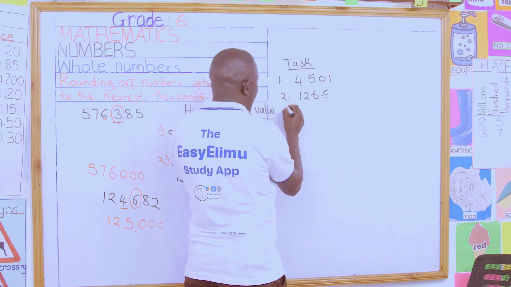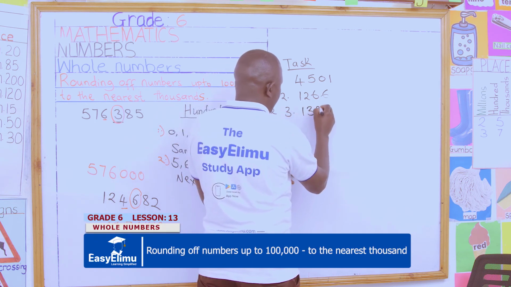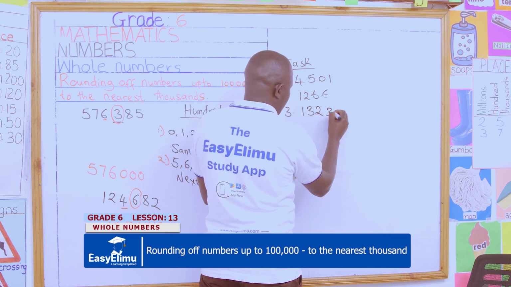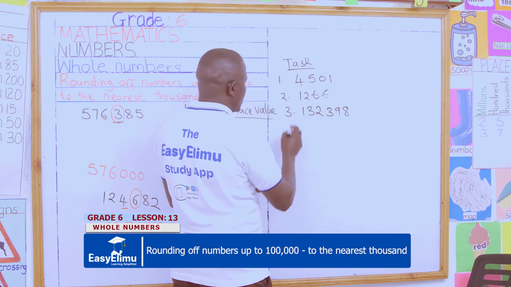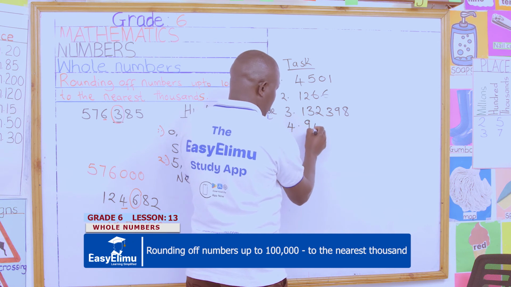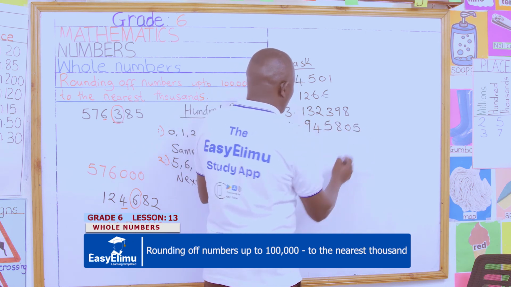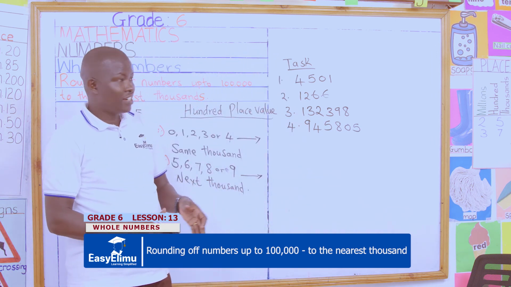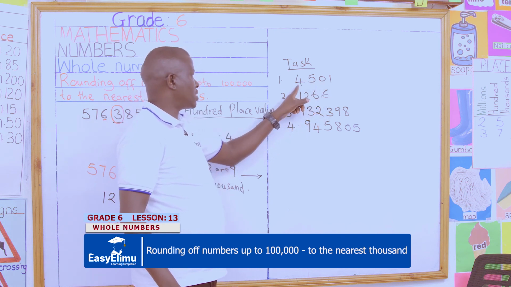Remember, even if it is a 4-digit number, we have ones, tens, hundreds, thousands.